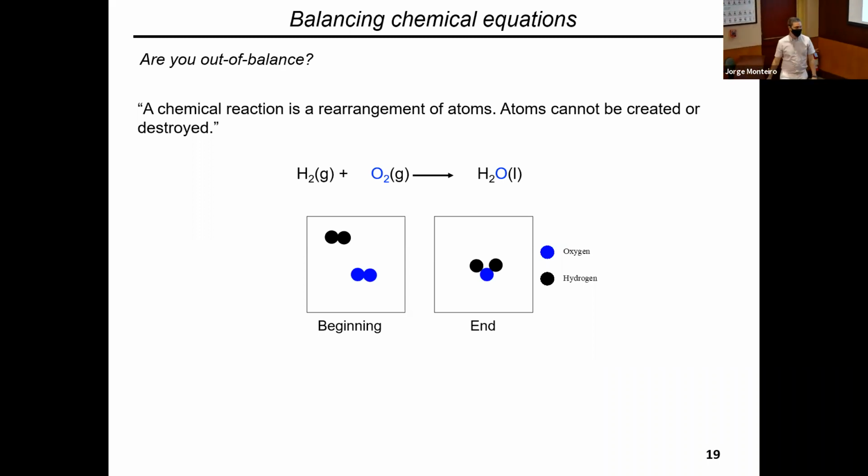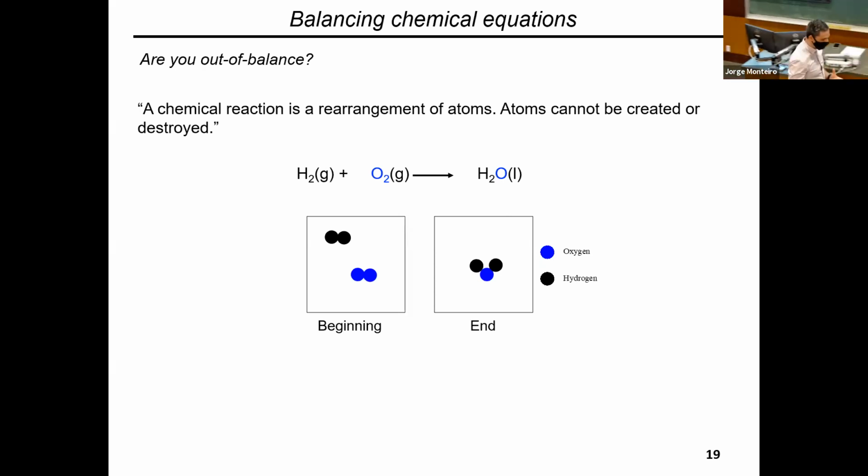So let's take a look at a very simple reaction. Hydrogen reacting with oxygen forming water. If we don't balance this reaction, we have here 2 atoms of hydrogen reacting with 2 atoms of oxygen, producing 1 molecule of water. So at the end, we have the 2 atoms of hydrogen, however, just 1 atom of oxygen.